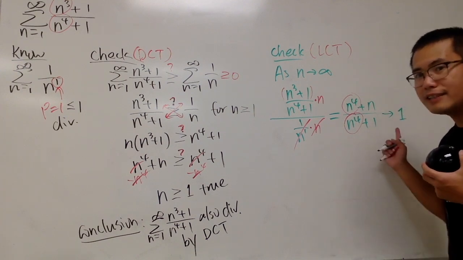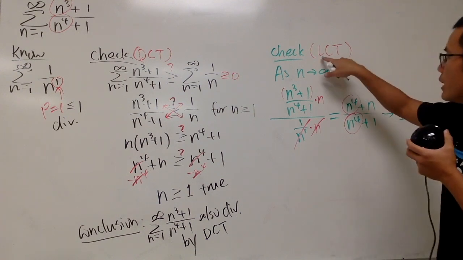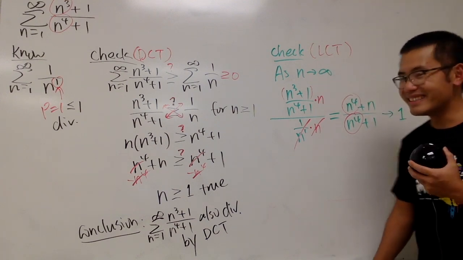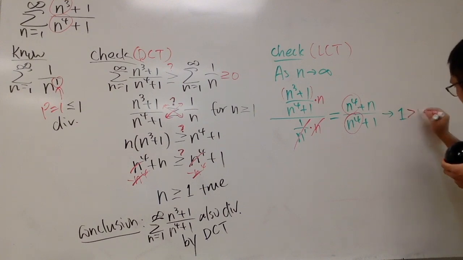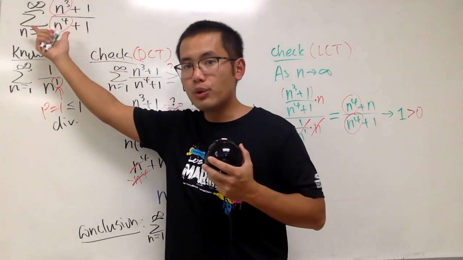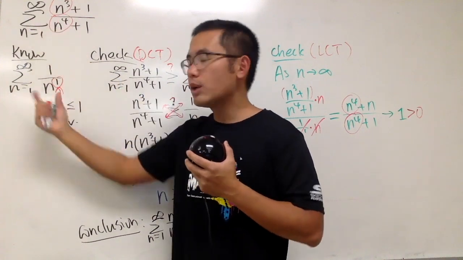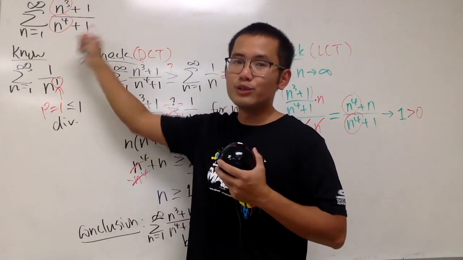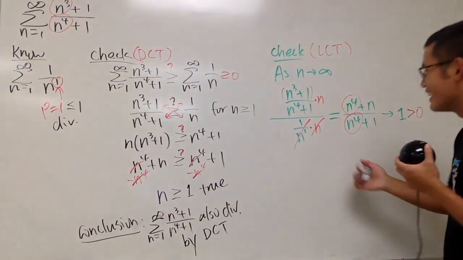And this is so nice because when we are doing the limit comparison test, the 1 will tell us some conclusion. Because this 1 is bigger than 0, that means the 1 that we are trying to do has the same conclusion as the 1 that we know. This right here diverges, therefore this right here also diverges.